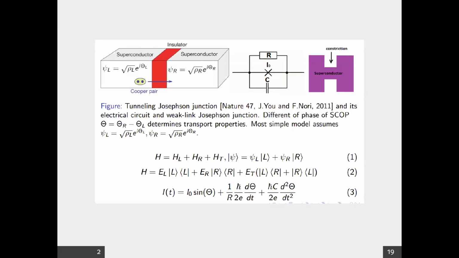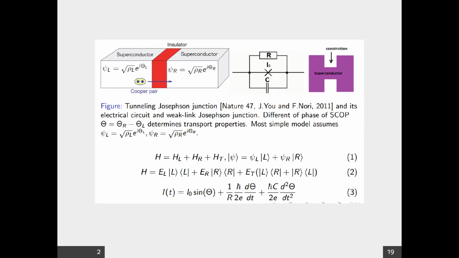So let me move on. This is the picture of the Josephson effect. We have two quantum systems that are interacting in a perturbative way. The tunneling of a Cooper pair via an insulating barrier or via some narrowing is a manifestation of perturbative interaction.